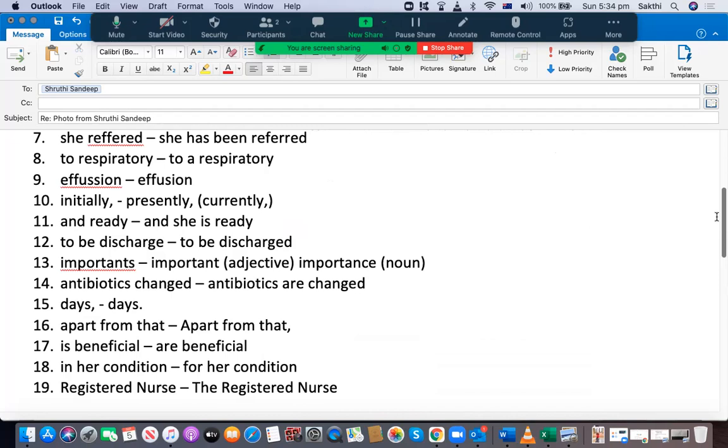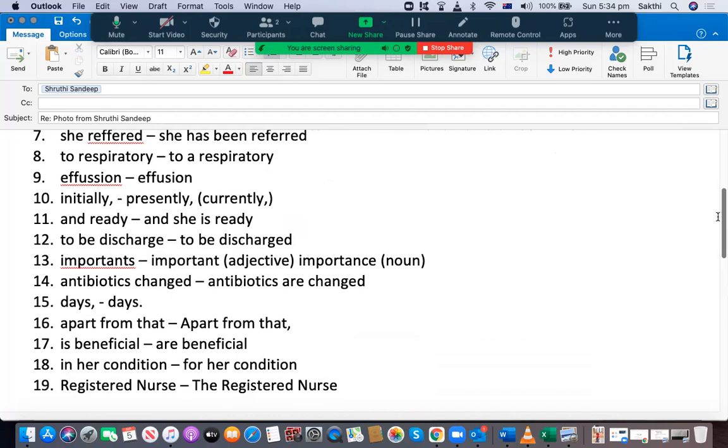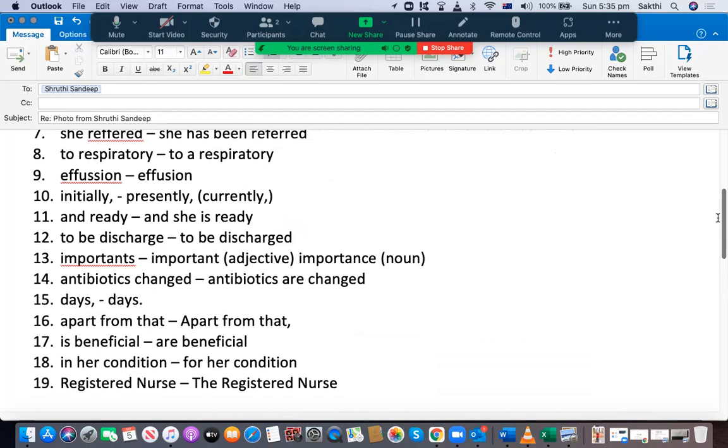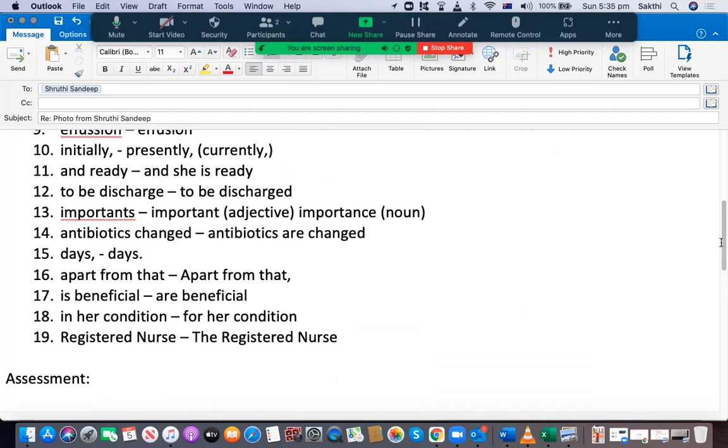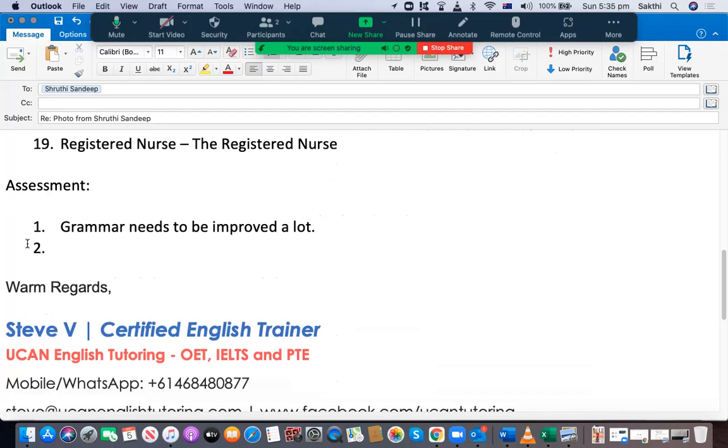Prepositions are okay? Oh yeah, no, prepositions have problems as well. So these are the ones: use of articles, nouns, verbs, prepositions need to be improved.